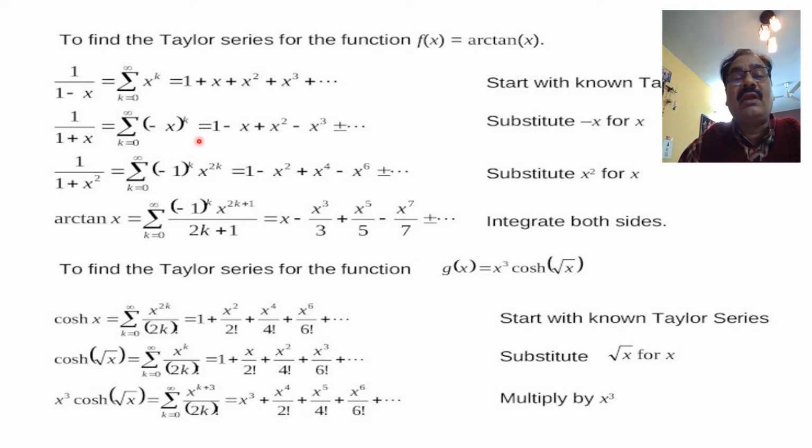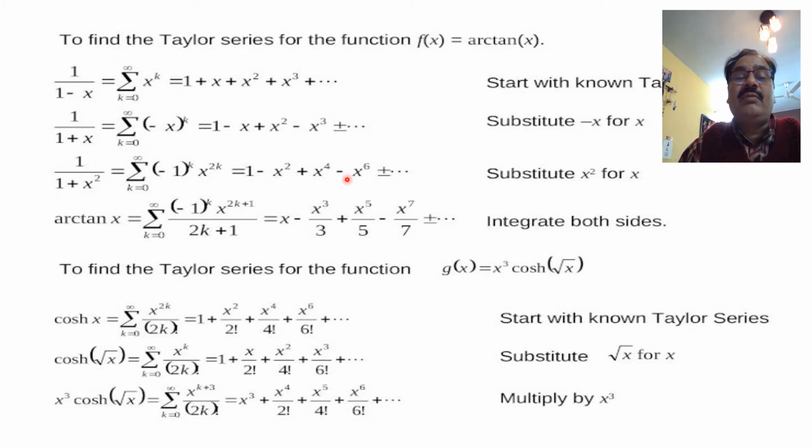Similarly, to find the Taylor series for various functions f(x), like the inverse trigonometric functions, you can deduce all other functions from one function. As we discussed in the previous PPT, 1 over 1 minus x has the summation series term x power k, where k varies from 0 to infinity.